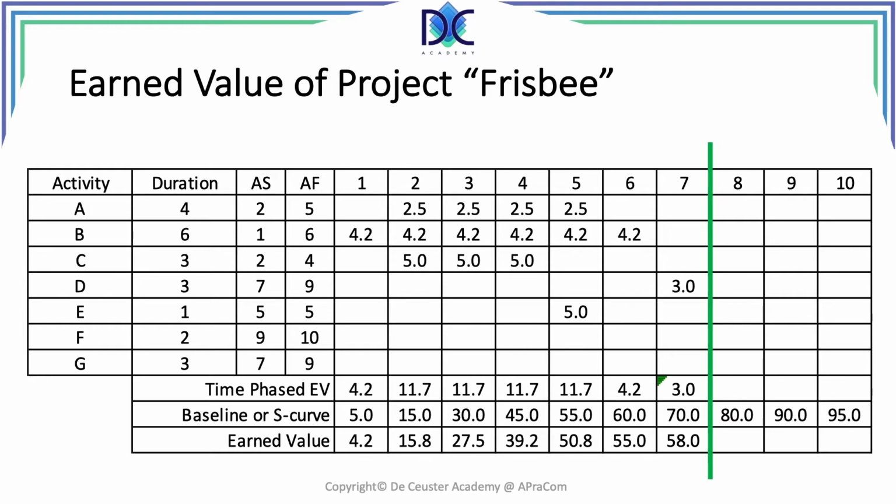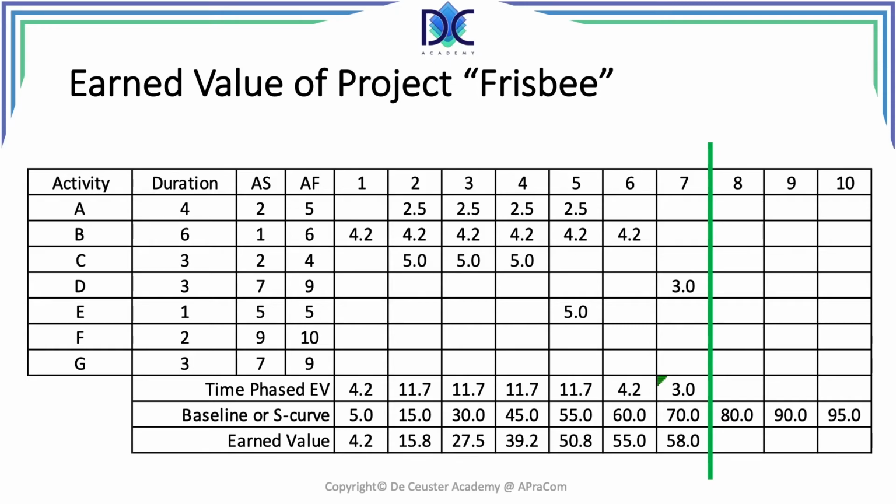To simplify our exercise, I just took the estimated cost of the activity and divided it by the duration of the activity. So we find the earned value for activity A being 2.5 per period, going from 2 till 5. We did the same for B, for C, and for D.